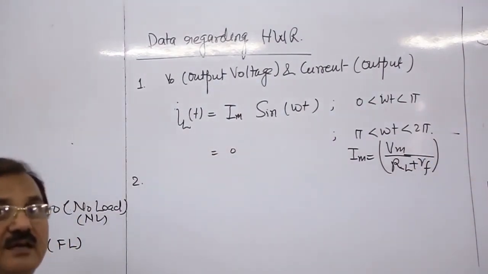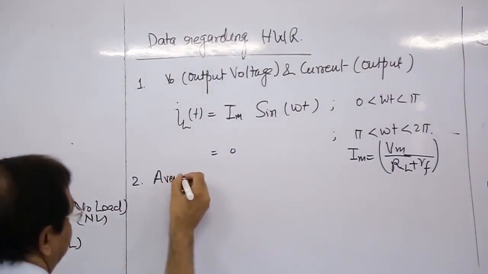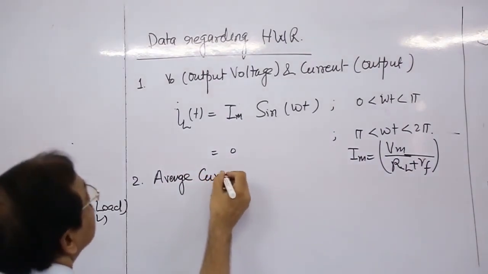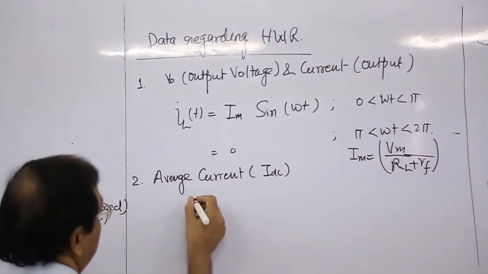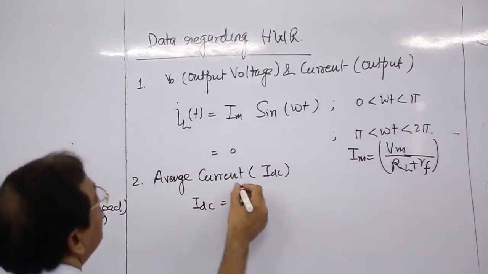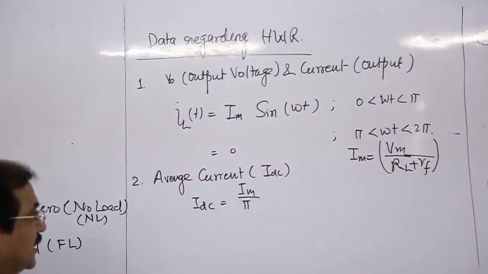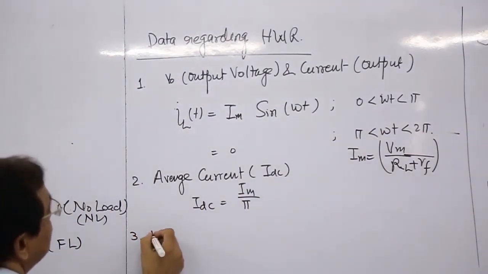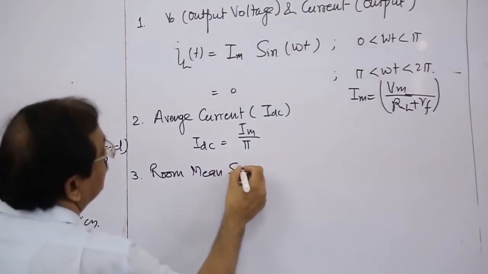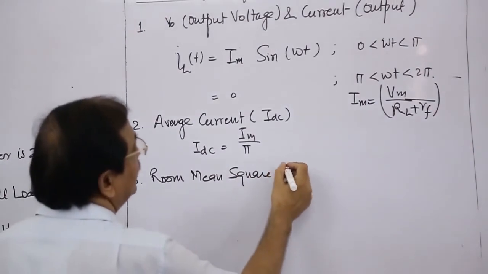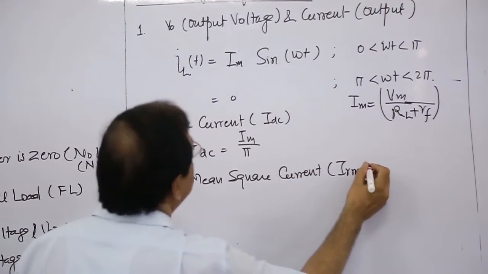The second is average current IDC. So, IDC is equal to Im by pi. Third is root mean square current, that is IRMS.